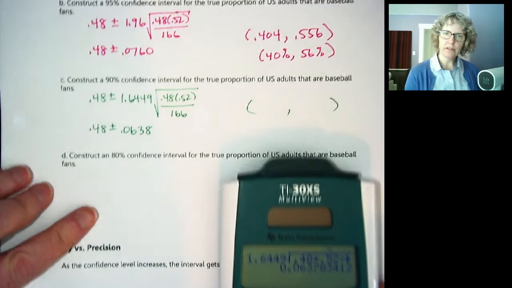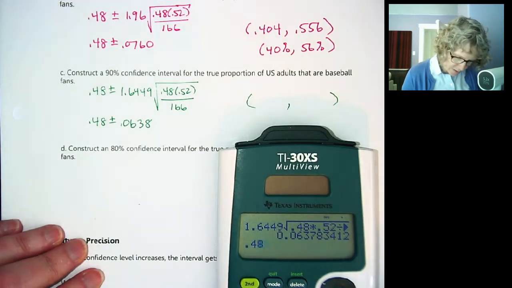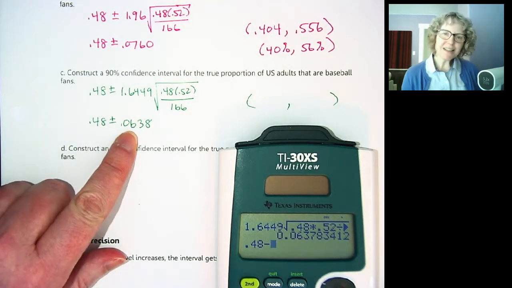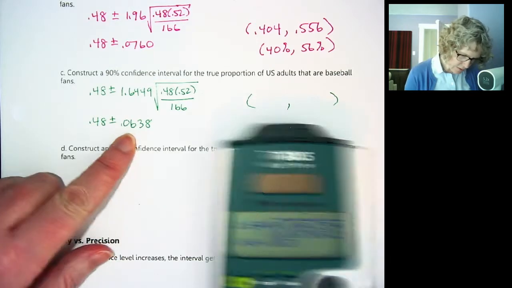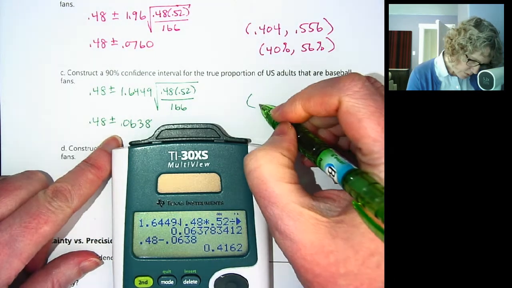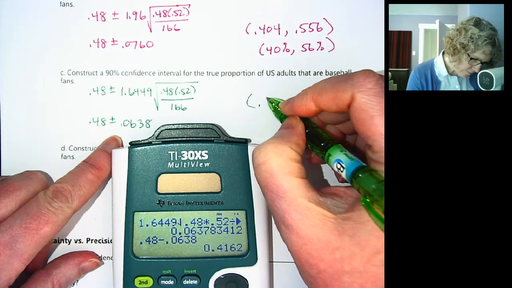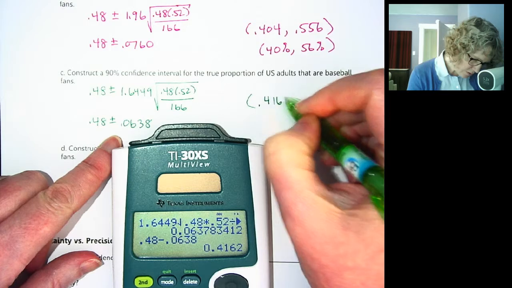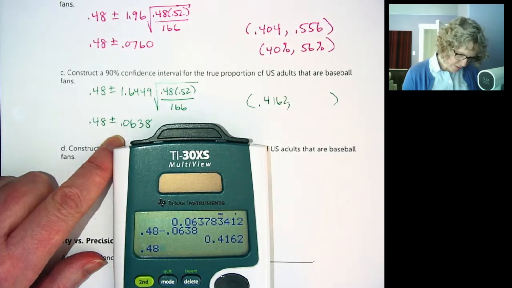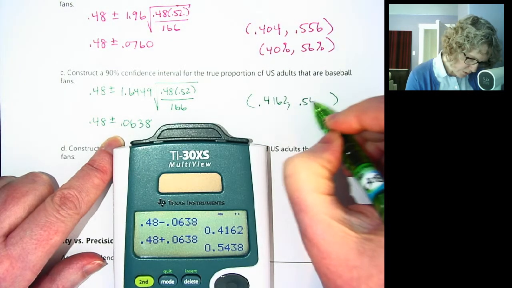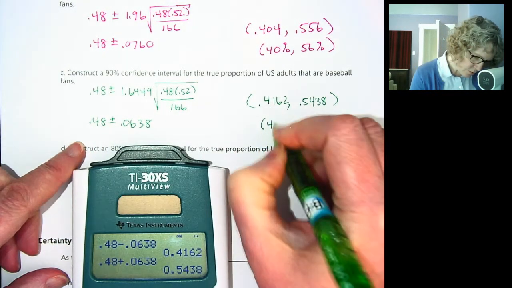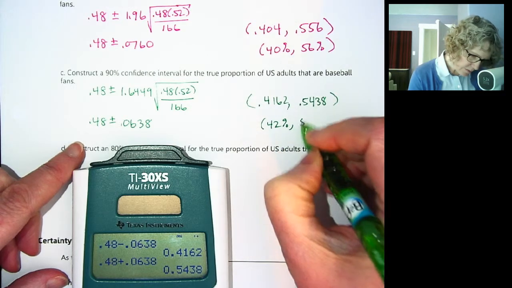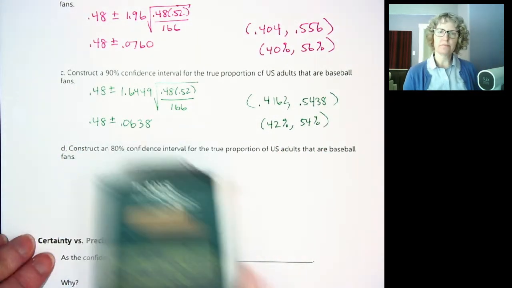Okay, so now I subtract and add. 0.48 minus, so now margin of error is 6%. It's going down. 0.0638 gives 0.4162, and 0.48 plus 0.0638 is 0.5438. So that's about 42% to 54%.